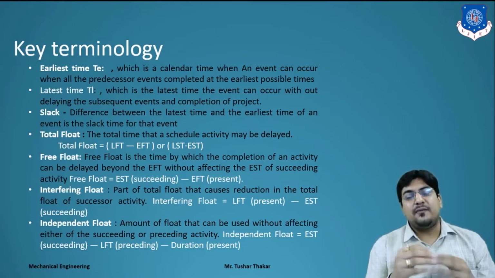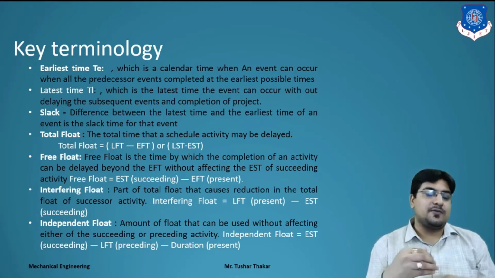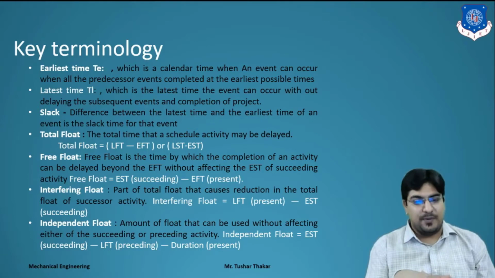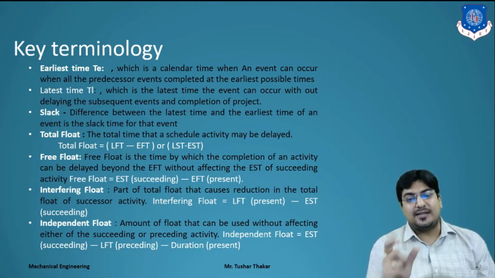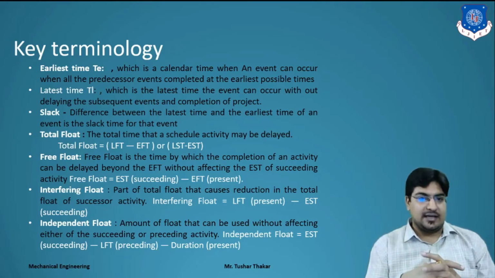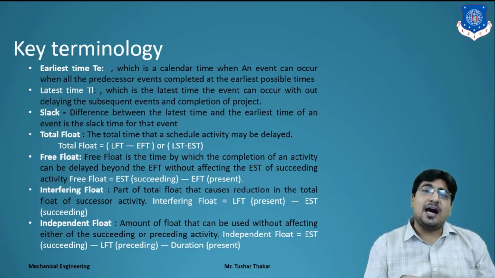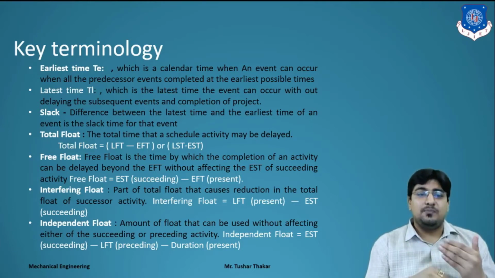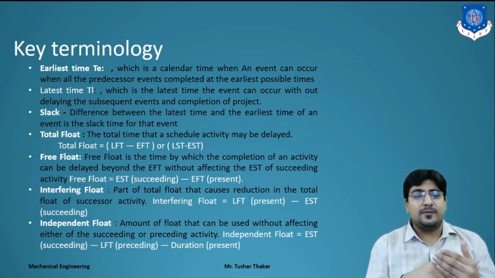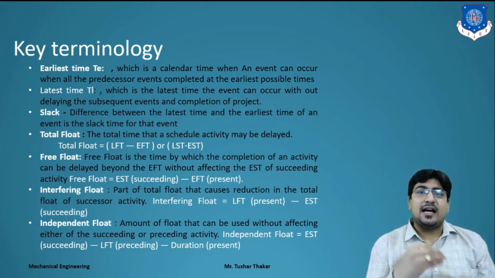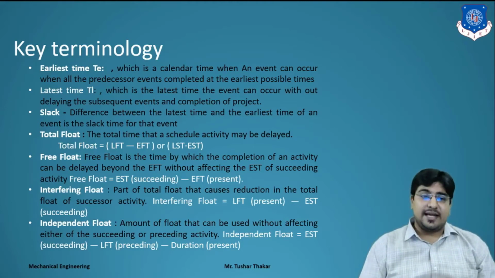That is the earliest start time of the succeeding activity minus the latest finish time of the preceding activity minus the duration of the present activity, which is already given in the data, right? So these are all the basic key terminologies of the critical path method, and total float, free float, interfering float and independent float are the parameters we have to find using critical path method techniques.